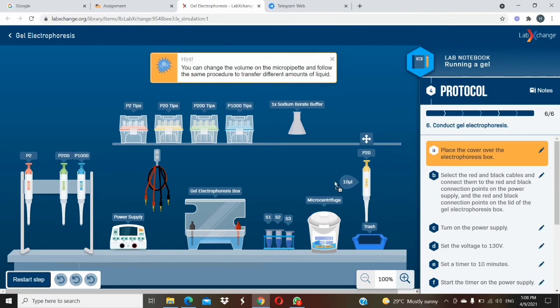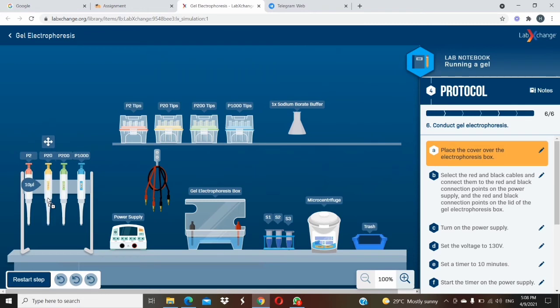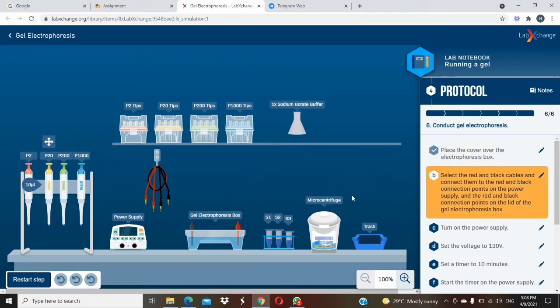Next, we place it here. Cover the gel electrophoresis. Then select the red and black cables and connect them to the red and black connection points on the power supply and on the lid of the gel electrophoresis.